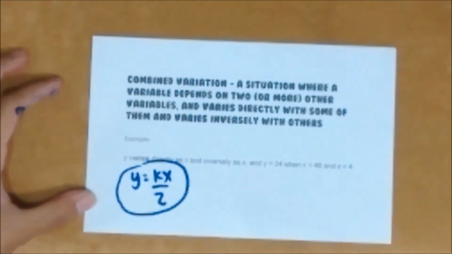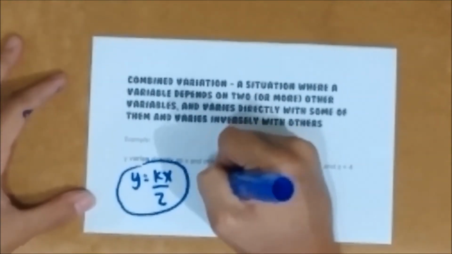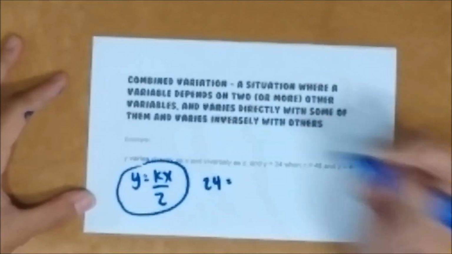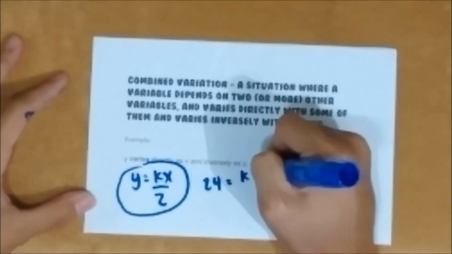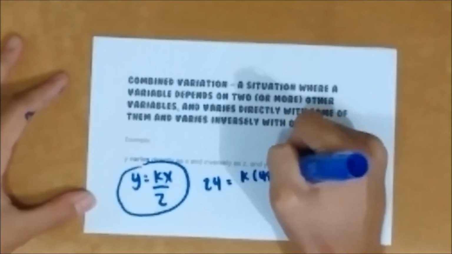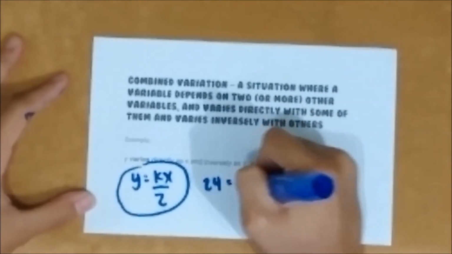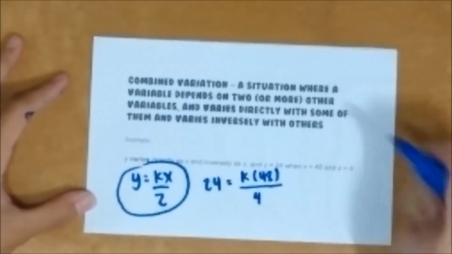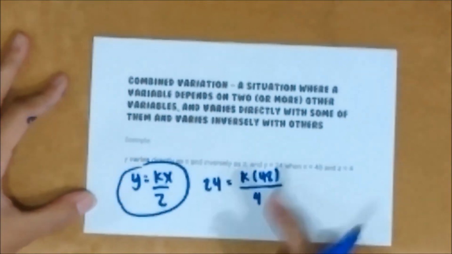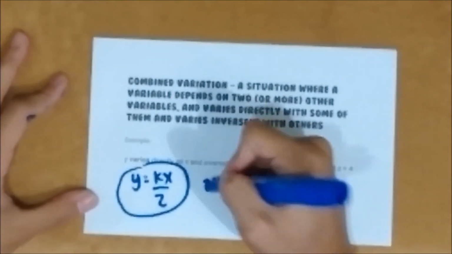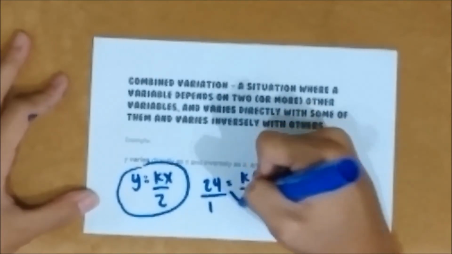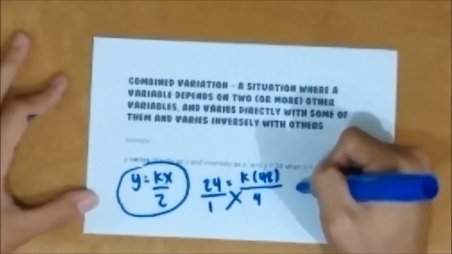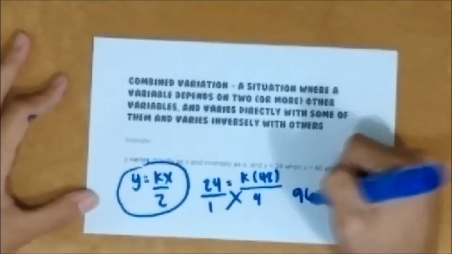that is your equation. And now we substitute. 24 is equal to k times 48 over 4. And now since it is in fraction form, we must also put this in fraction form. Then we cross multiply. 24 times 4 is 96.